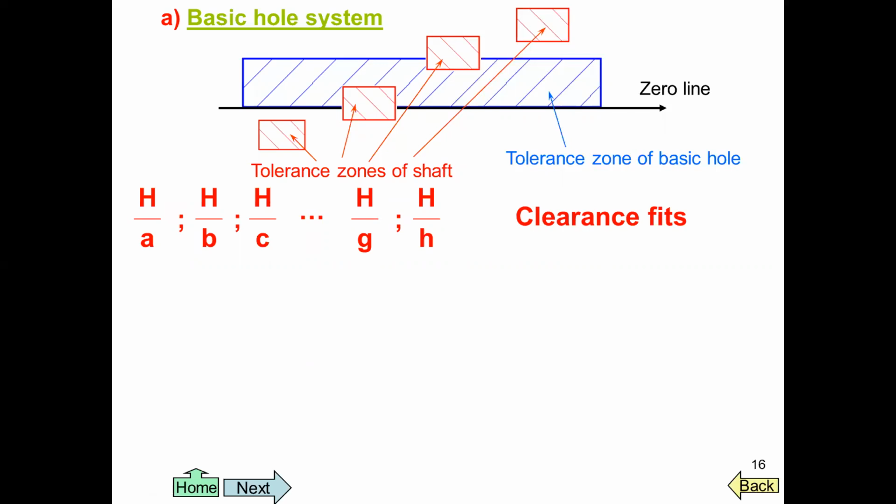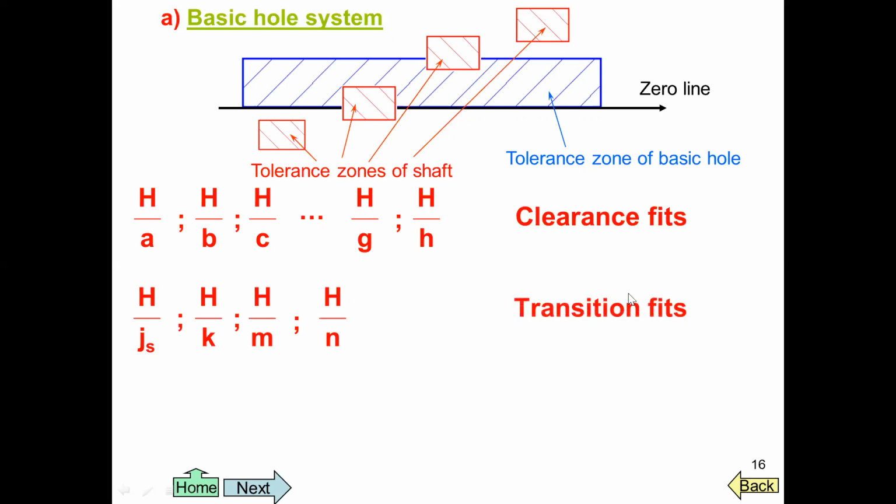If you want to choose a transition fit, you have to choose the position of the shaft tolerance zone. For example, H over js, H over k, H over m, H over n.